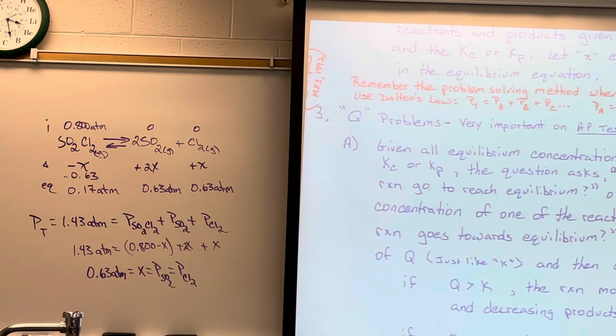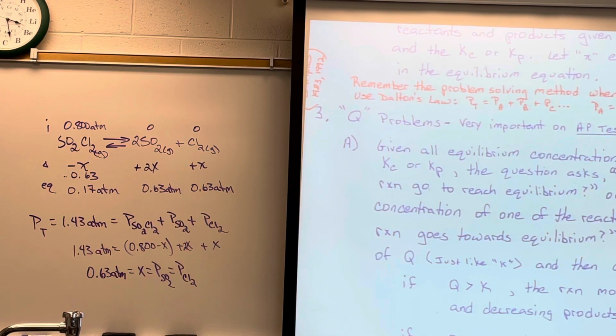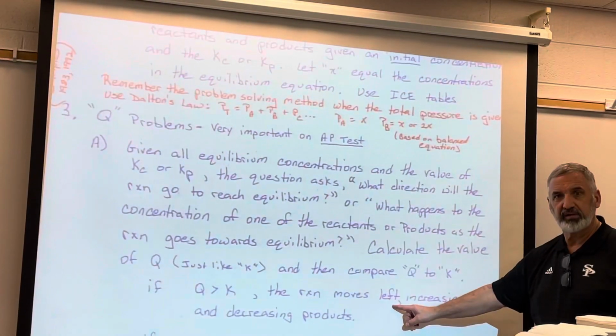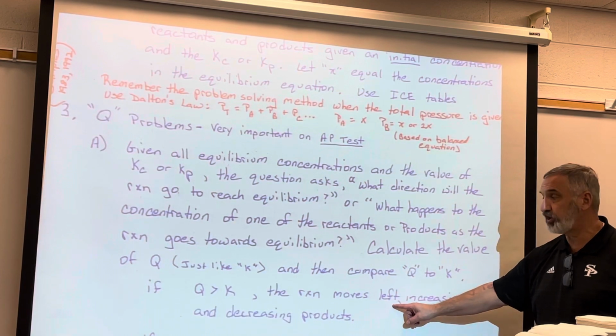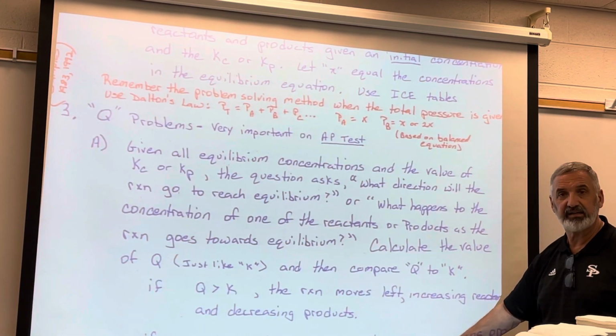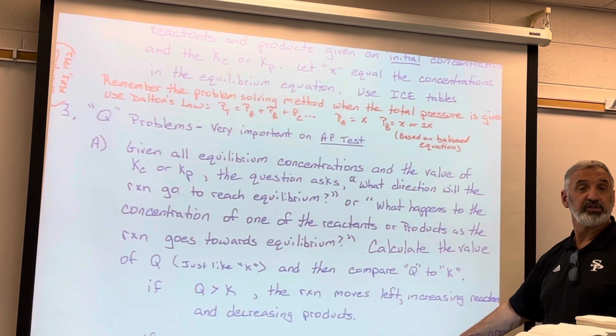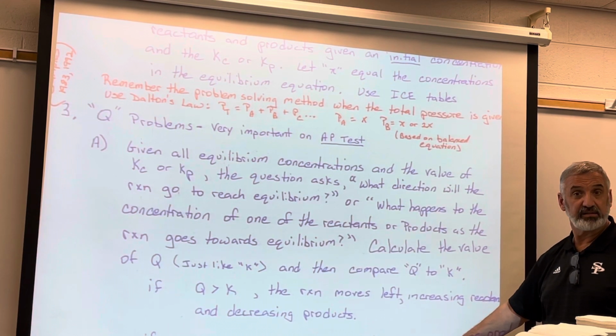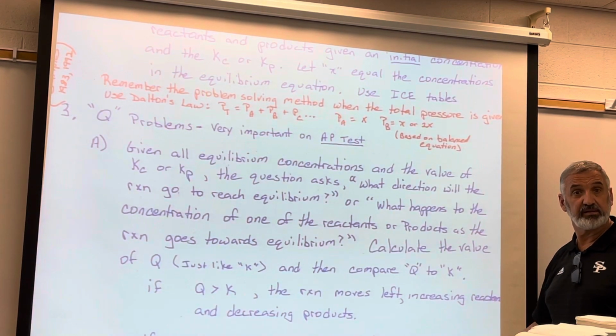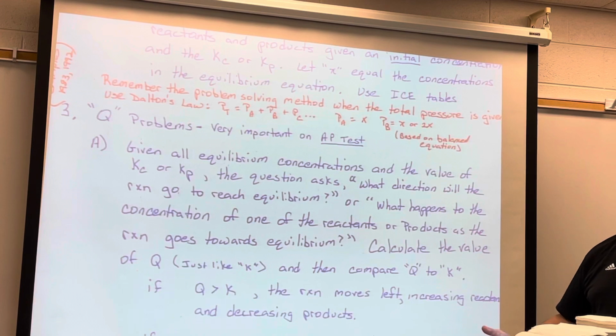So you solve for Q. If Q is greater than K, that means that you have too much product. Product over reactants, right? You have too much product, so which way does it have to go? Left. If Q is less than K, now you have too many reactants, so it's got to go right. Q equals K, you're at equilibrium.